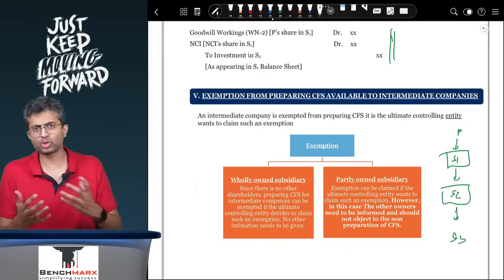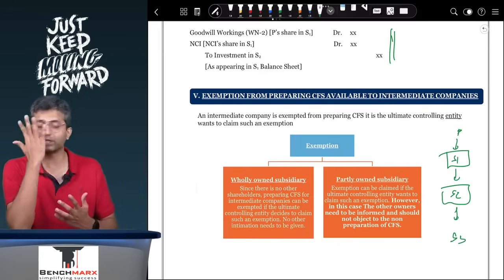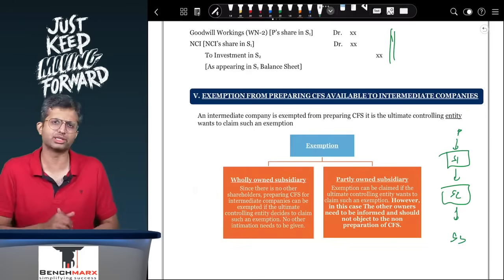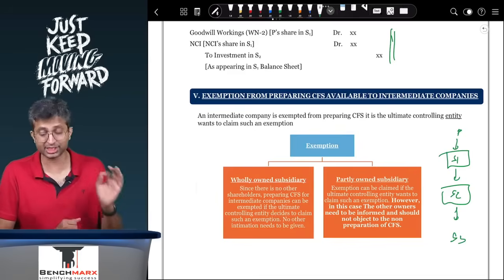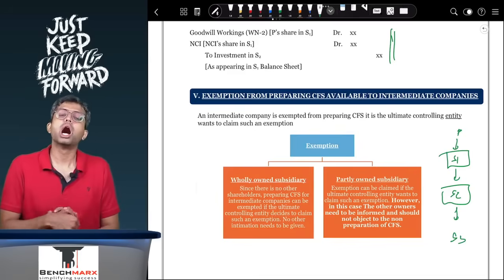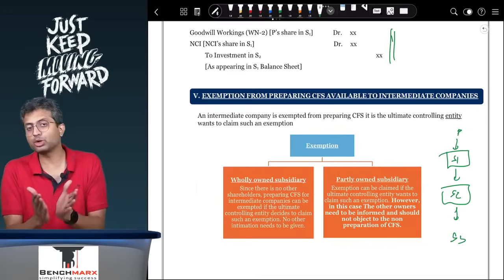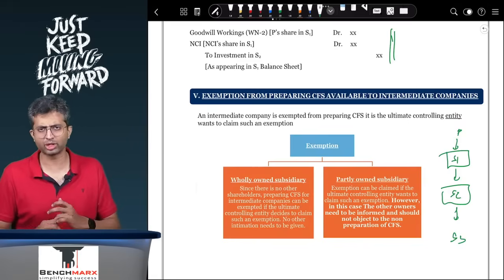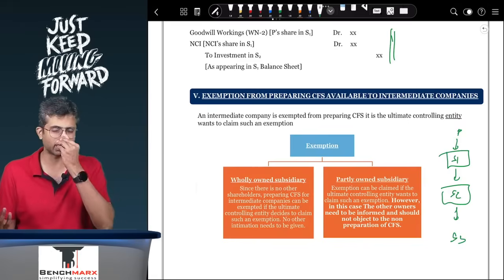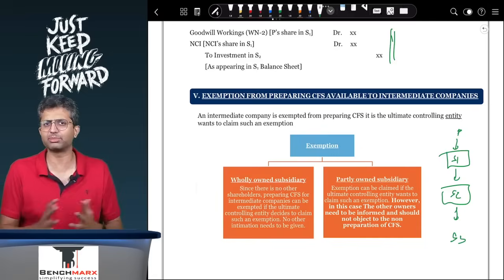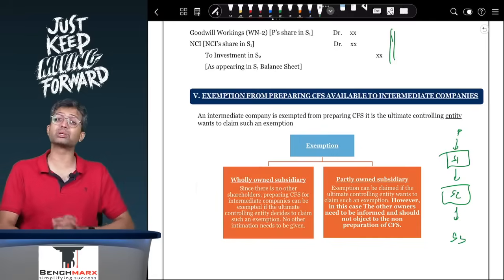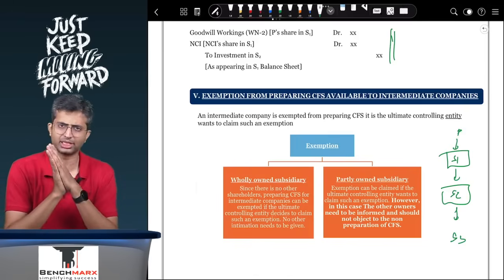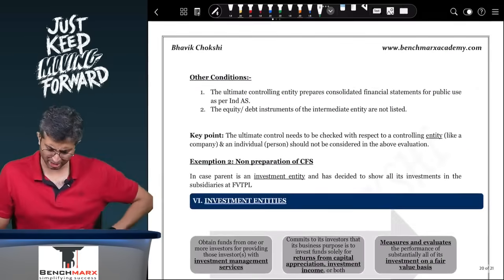If S1 and S2 are wholly owned subsidiaries, if P, which is the ultimate company, does not intend to prepare the consolidated statements, exemption is given as long as S1 and S2 are not listed. If these are partly owned subsidiaries, then S1 and S2 will write to the non-controlling shareholders, and if none of them raises any objection to the non-preparation, they may still skip the preparation of financial statements. All of this will apply if the ultimate company is preparing accounts as per Ind AS, the consolidated financial statements.